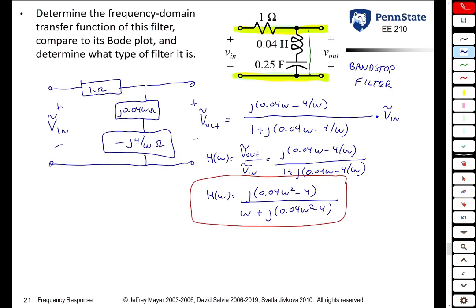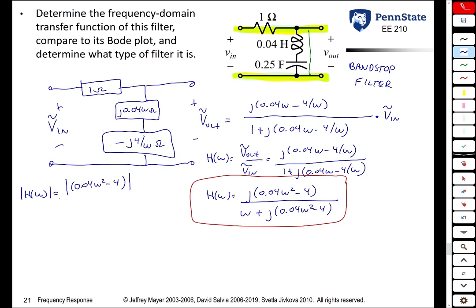We can separately calculate the magnitude response. So the magnitude response, the numerator is now going to be an imaginary number. So the magnitude of it is just the argument of the J term, and we do need to use absolute values here because depending upon the value of omega, 0.04 omega squared minus 4 could be a positive or a negative number.